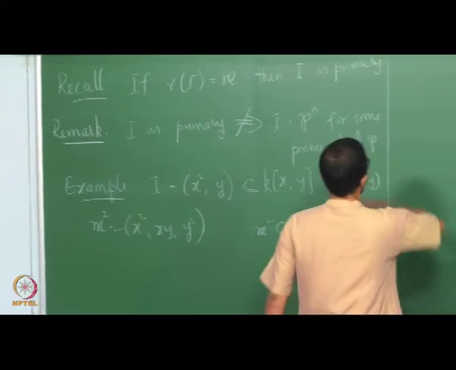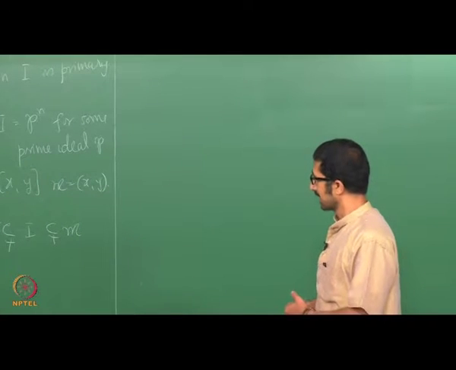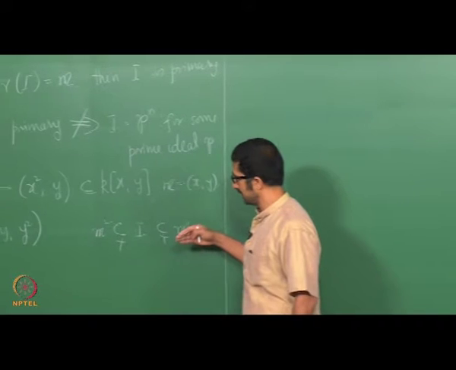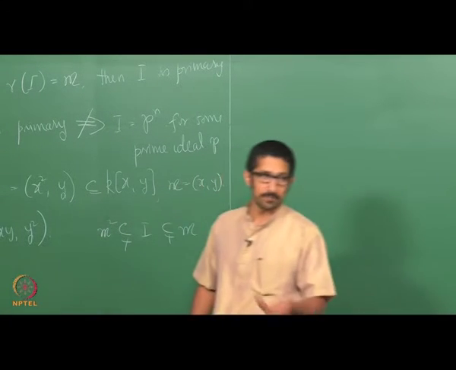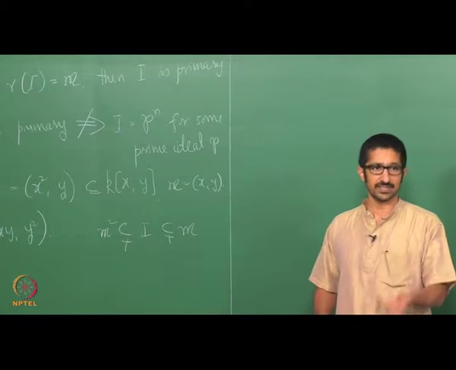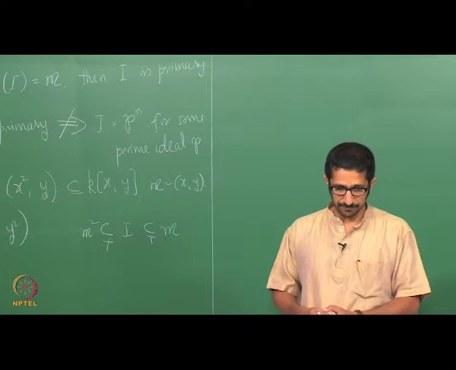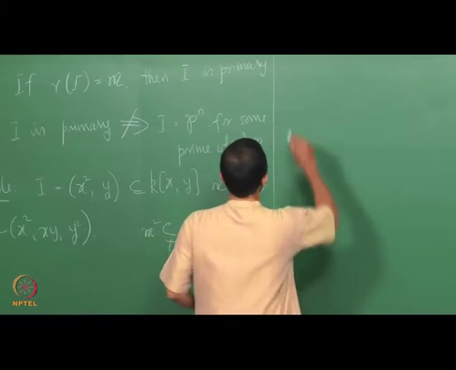Okay, now what we were looking at is a kind of generalization of the prime decomposition of integers to the case of ideals in a Noetherian ring. So first let us observe something.